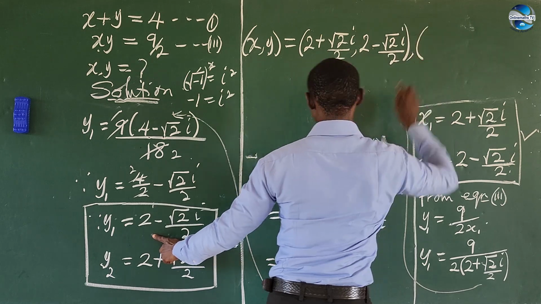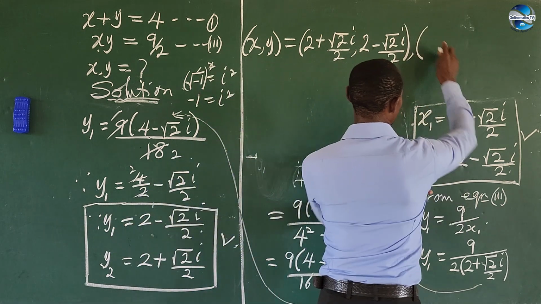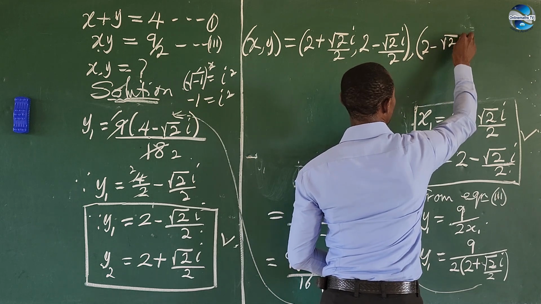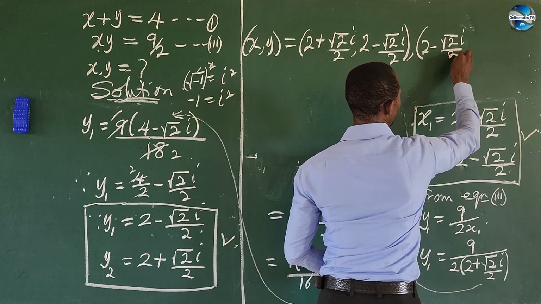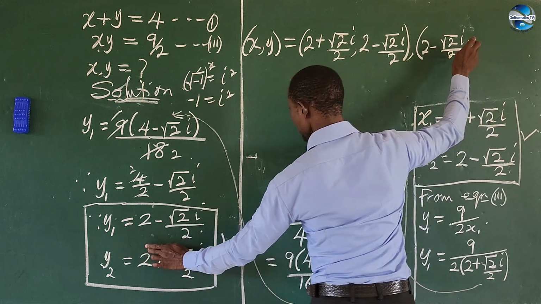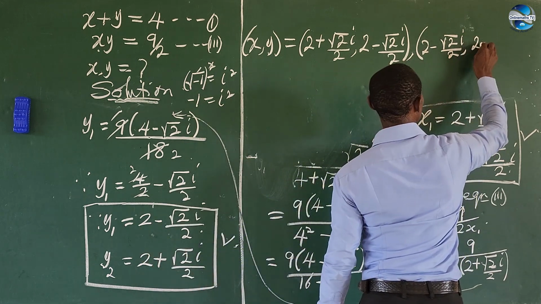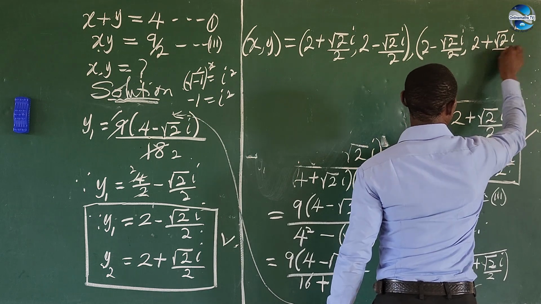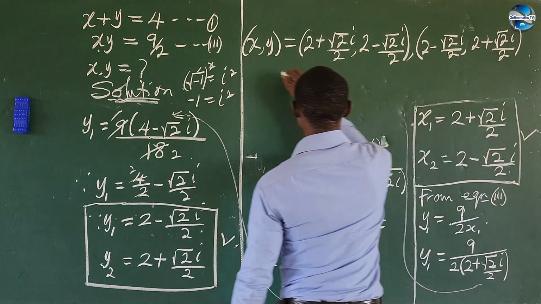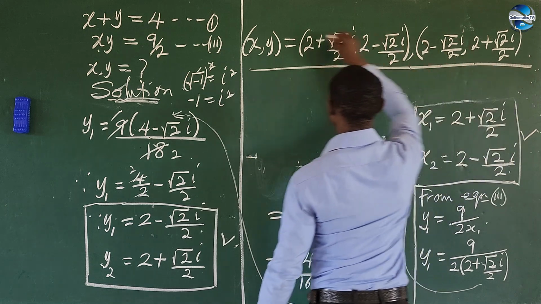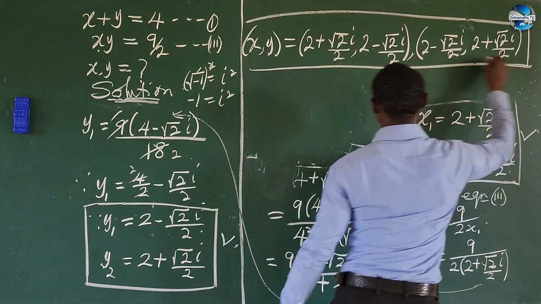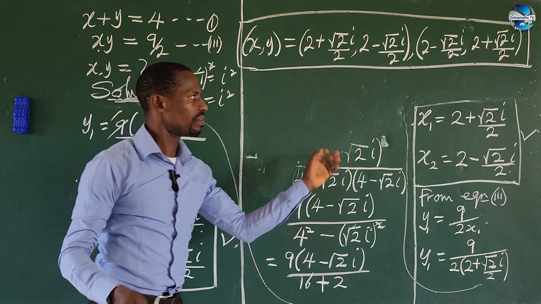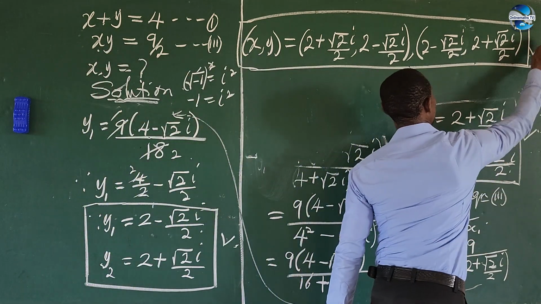Okay, then our x2 we have 2 minus the square root of 2i all over 2, comma, our y2 we have 2 plus the square root of 2i all over 2. Okay, so these are the pairs. And if we put this into either equation 1 or equation 2, you discover that they will both satisfy the equation.